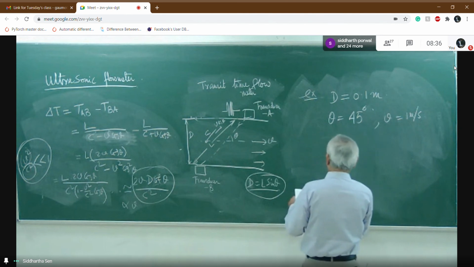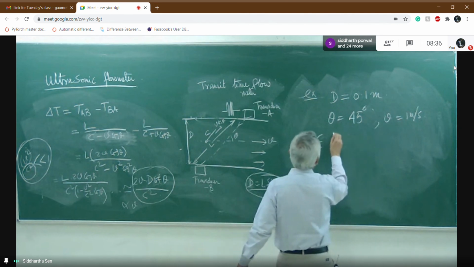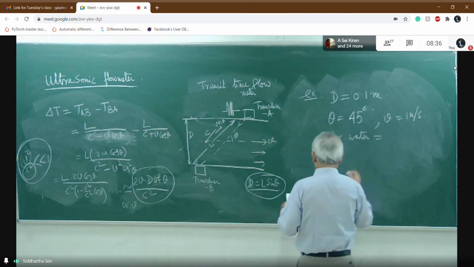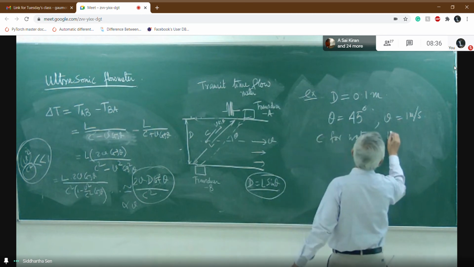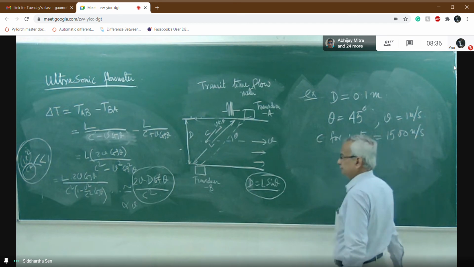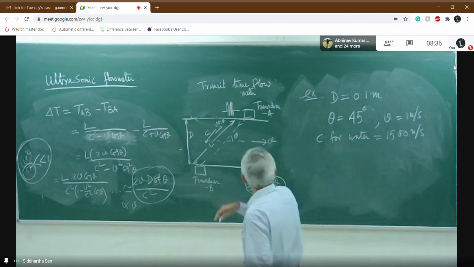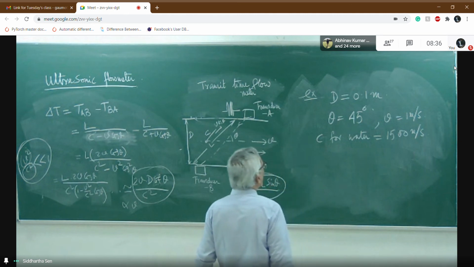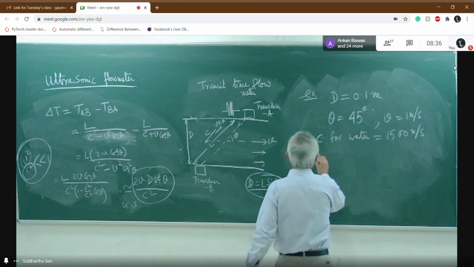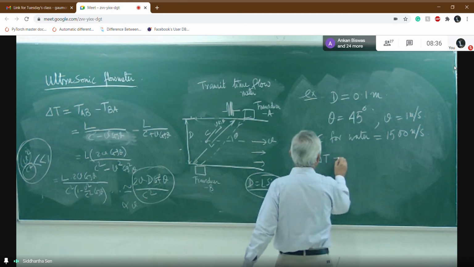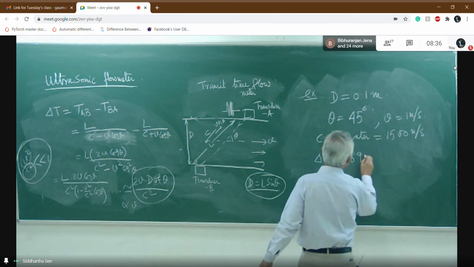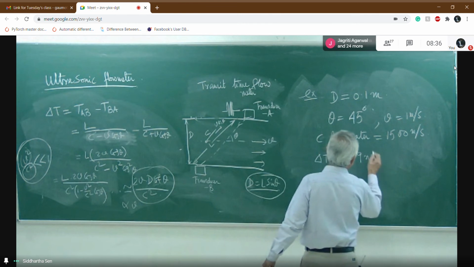And C for water is equal to 1500 meter per second. Okay. If we put the values there, you will get Δt. The value is 89 nanosecond.